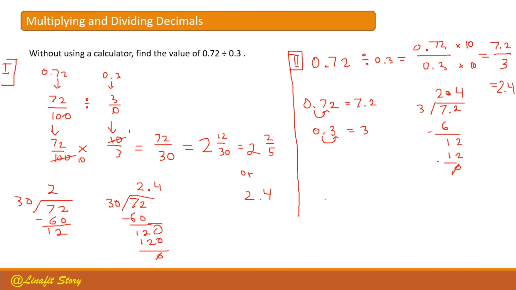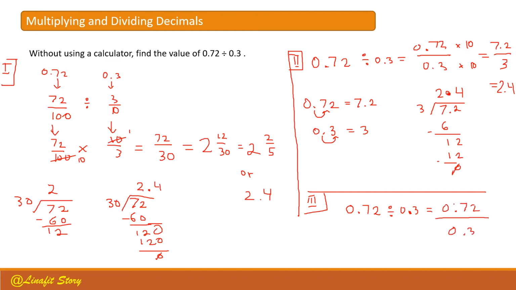Next, here is the third method. The question is 0.72 divided by 0.3. You may convert it to a fraction. So 0.72 out of 0.3.